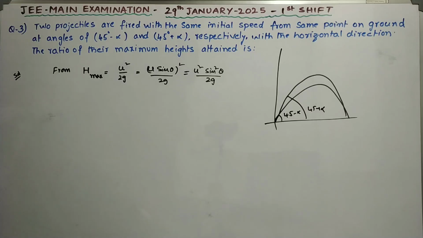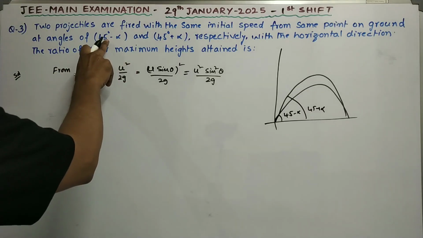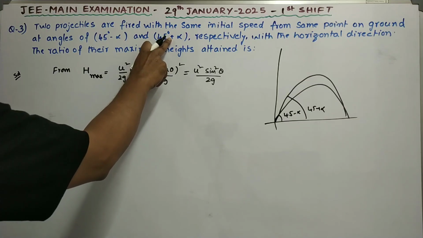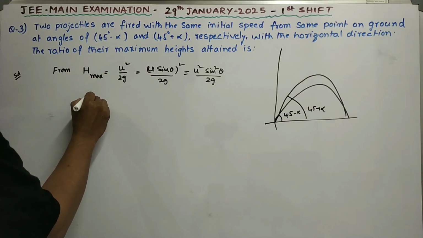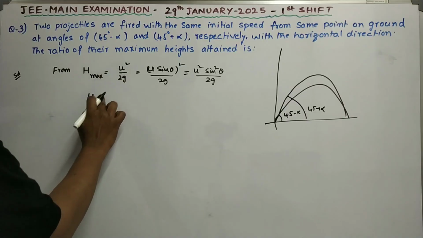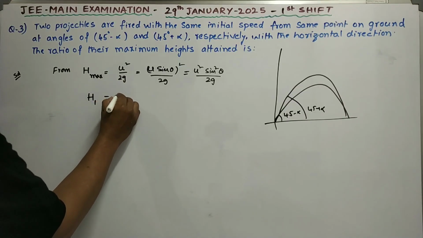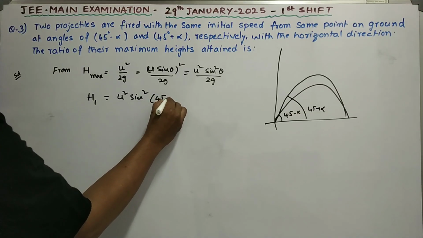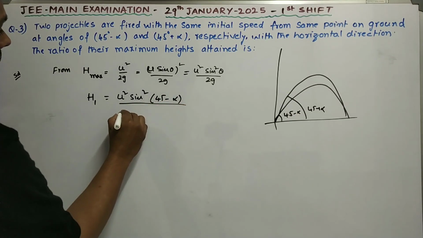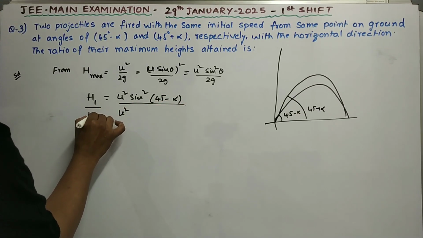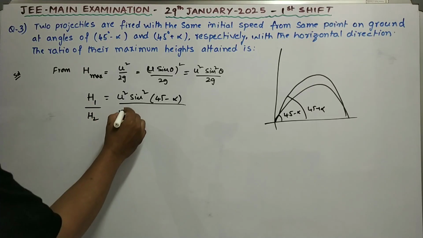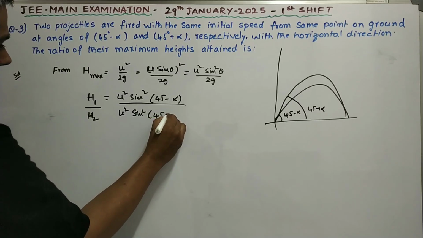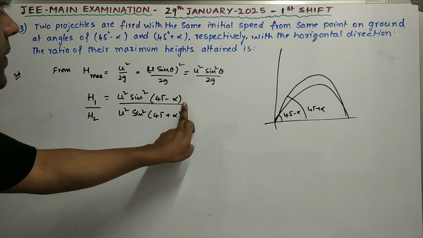This is the height formula. The first one is projected with an angle 45 degrees minus alpha, the second one is projected at 45 degrees plus alpha. So the first body attains height h1 equal to U square sine square of 45 minus alpha by 2g. The second body attains height h2, equal to U square sine square of 45 degrees plus alpha by 2g.